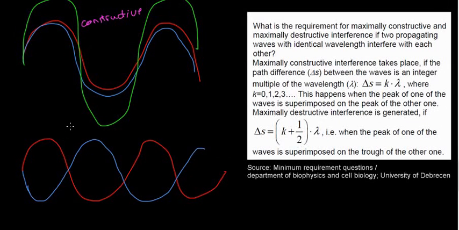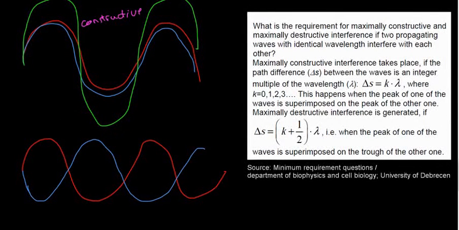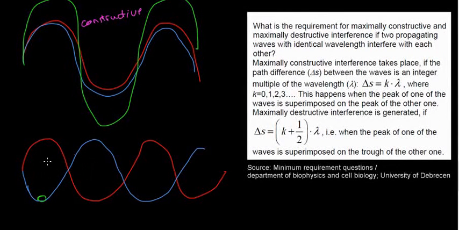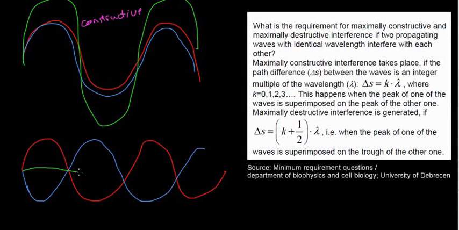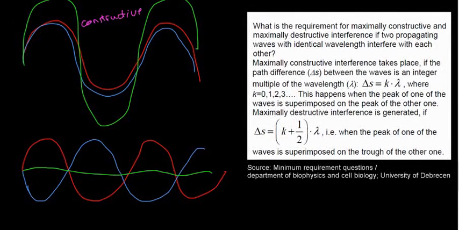They're counterbalancing one another. They will cancel out, because instead of adding up the peak and the peak, I'm taking the trough and canceling it with the peak. So my resultant wave may look something like so. My resultant wave is going to be smaller, and I'm going to have destructive interference.